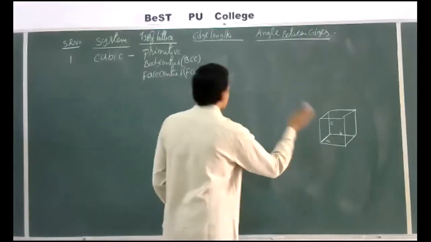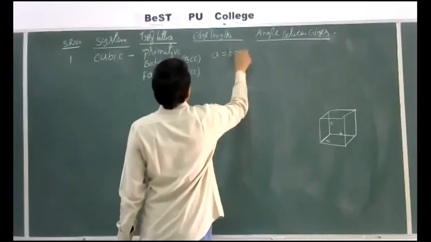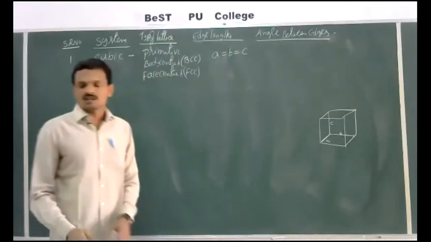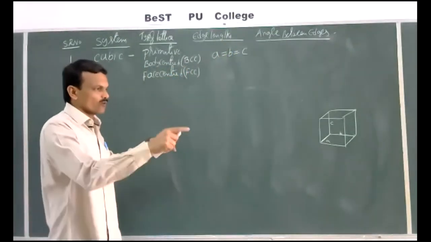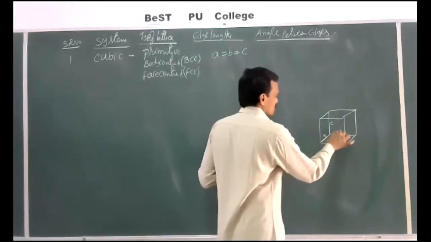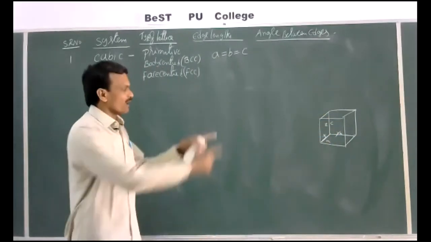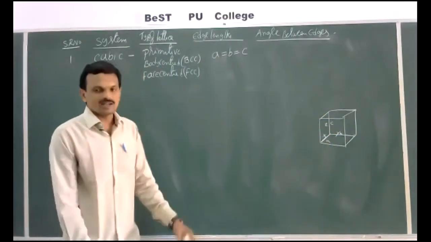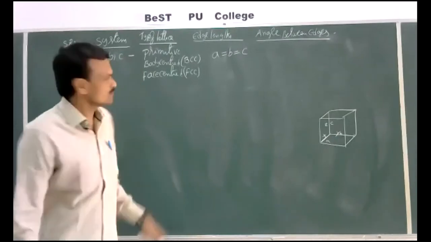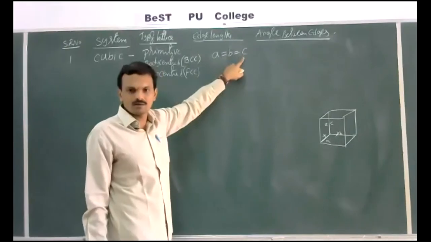That means in case of cube, edge length A is equal to B is equal to C. All three edges, that is along x-axis, along y-axis, along z-axis. Let us assume this is x-axis, this is y-axis, and this is z-axis, for example. Then along all three axes, the edge lengths are exactly same. So we'll take A is equal to B is equal to C.